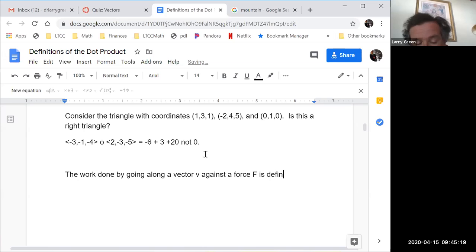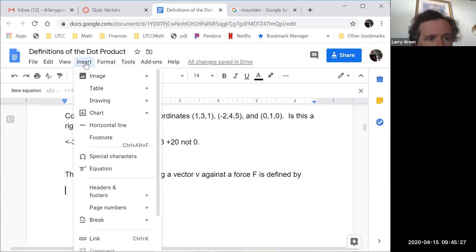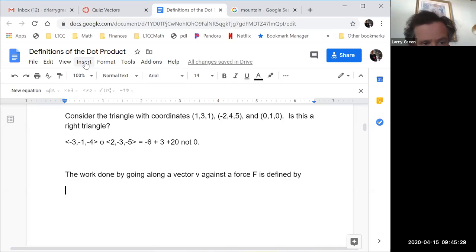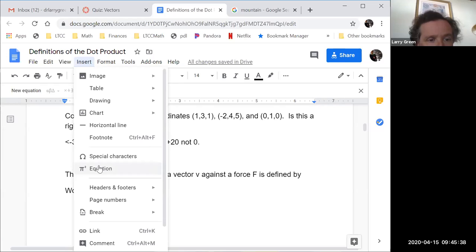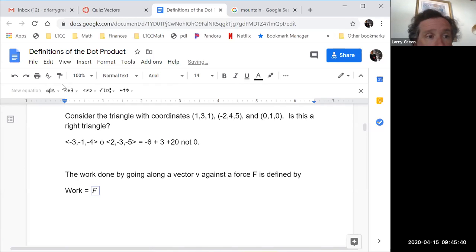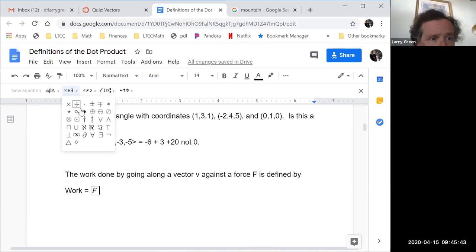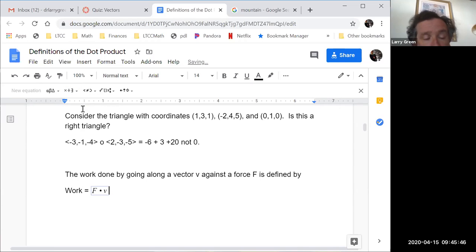It is defined by, let's write it out. Work is equal to F dotted with v. And that's the definition. I don't think I need to say much about it: you know the force and you know the vector, you dot them. Any questions on that?